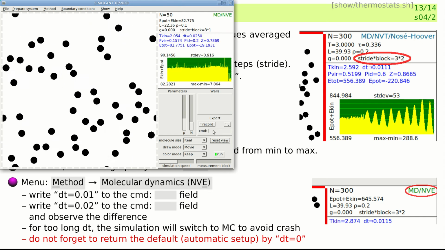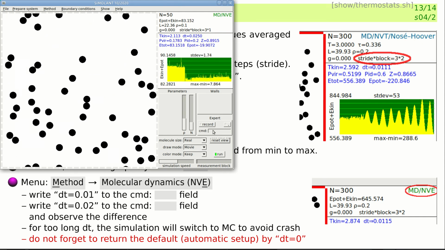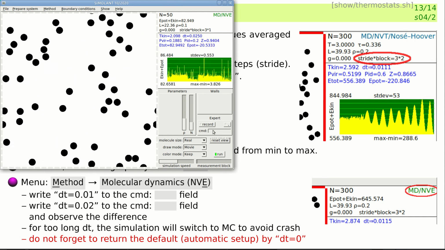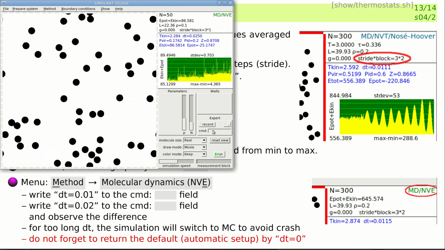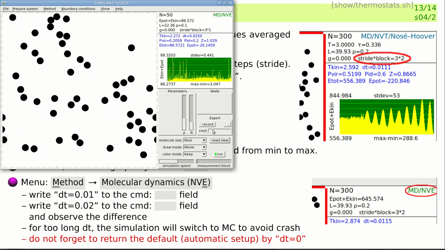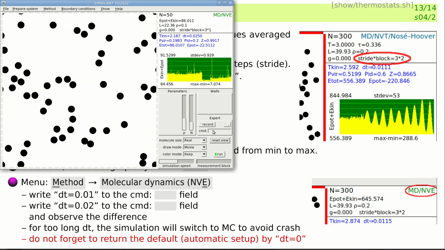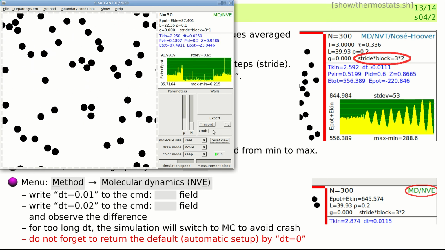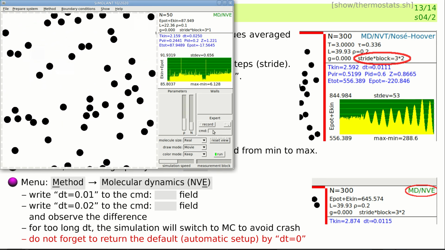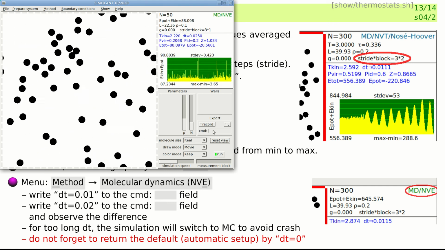Crashes means that the velocity of a molecule is so large that it goes out of the box or over several boxes and so on, and the system will likely switch into Monte Carlo. And also the fluctuations are now much larger.